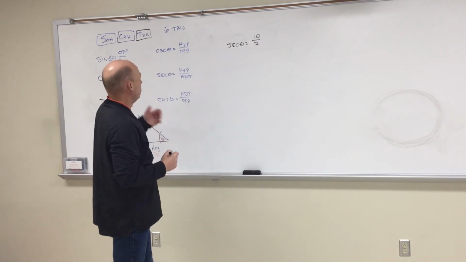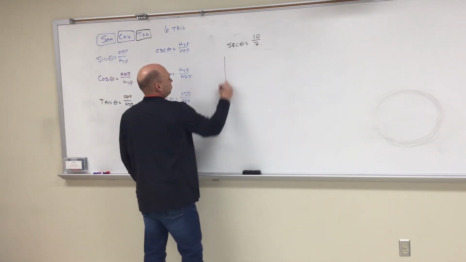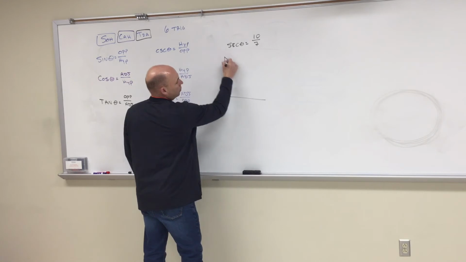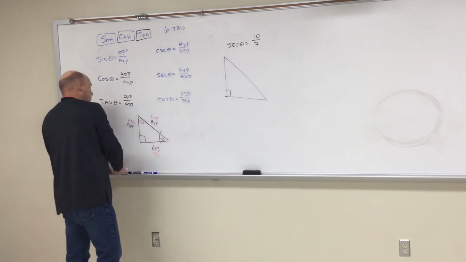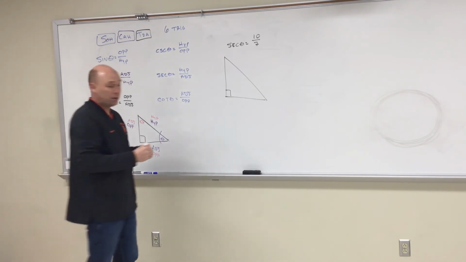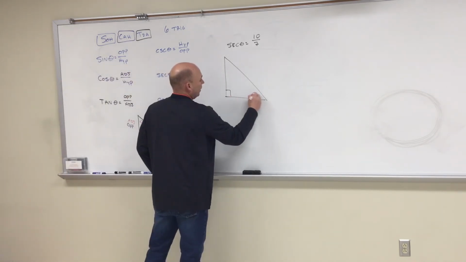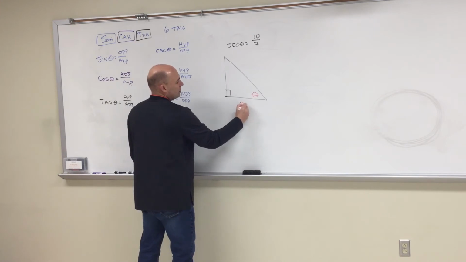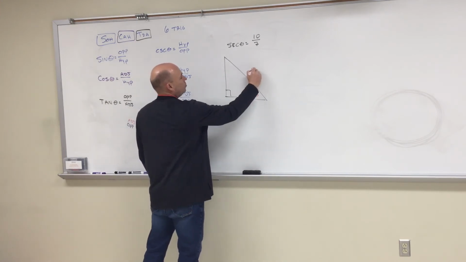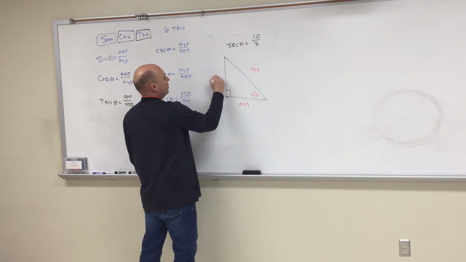Okay? So I'm going to draw my right triangle. I'm going to pick an angle. Doesn't matter where you pick your angle because I drew the right triangle, so I can pick wherever I want to. So I'm going to pick right here. Based on this angle, this is my adjacent, this is my hypotenuse, and this is my opposite.